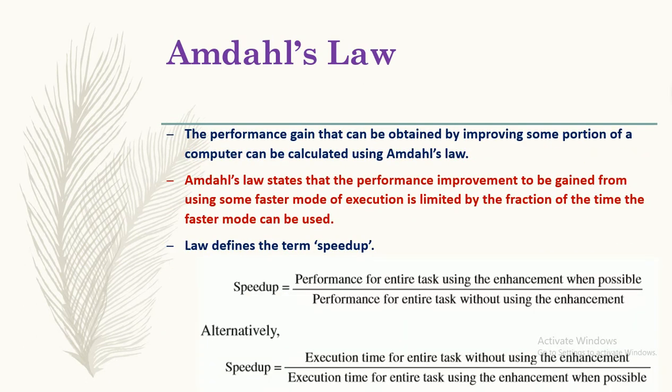So just look at this speed up. Based on this speed up, we are taking the overall speed up, performance from enhanced to without enhancement, and alternately speed up. Okay, so these are the two ways of finding the speed up. Speed up in terms of execution time is given as the second one.